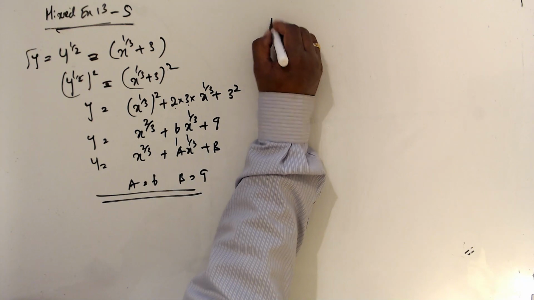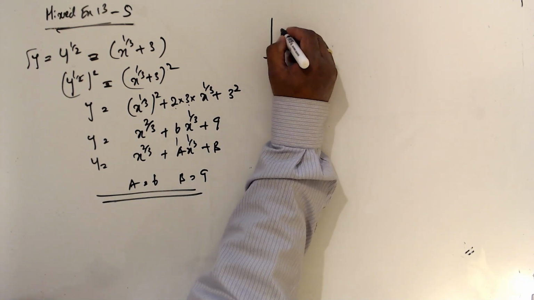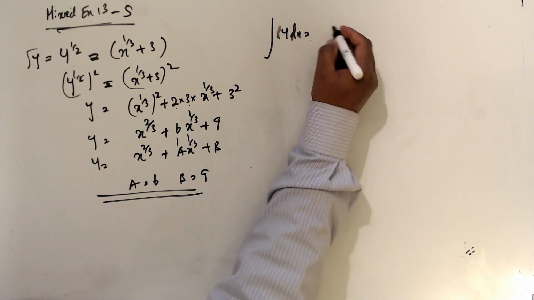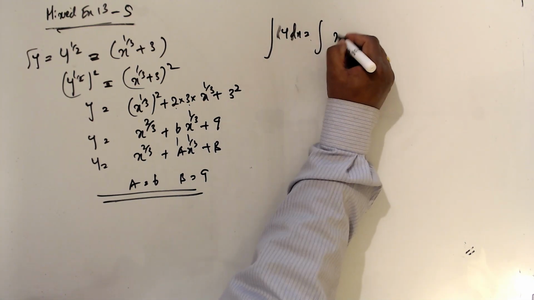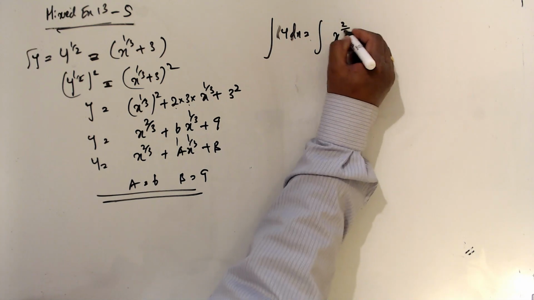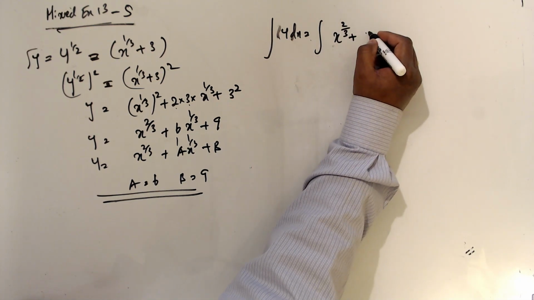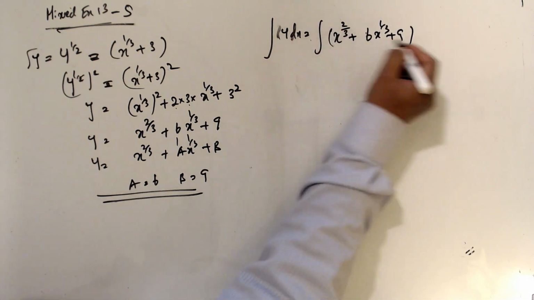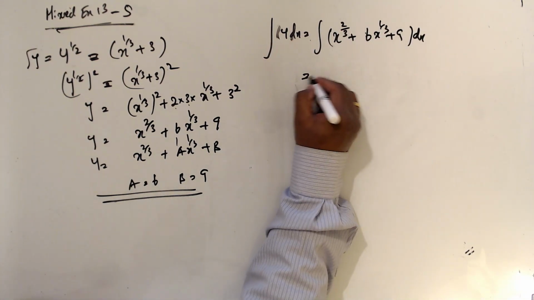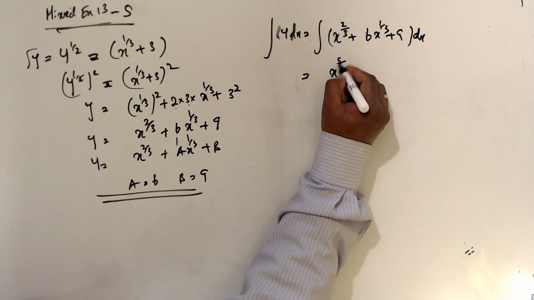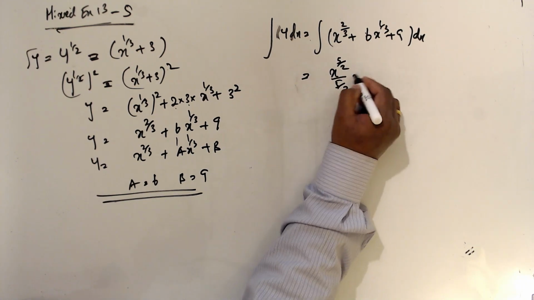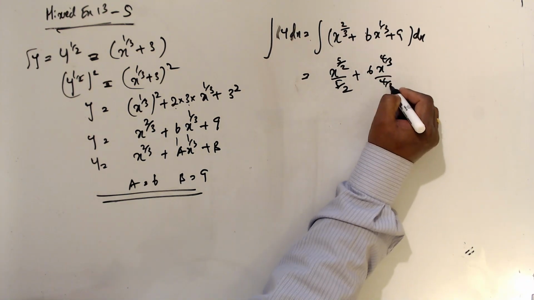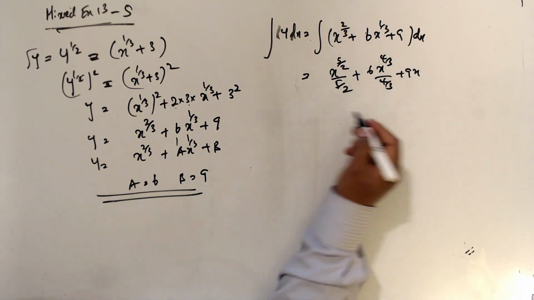Now I want to integrate this one. Integral of y dx, y means x^(2/3) plus 6x^(1/3) plus 9 dx. This is going to be x^(5/3) over 5/3, plus 6 x^(4/3) over 4/3, plus 9x.